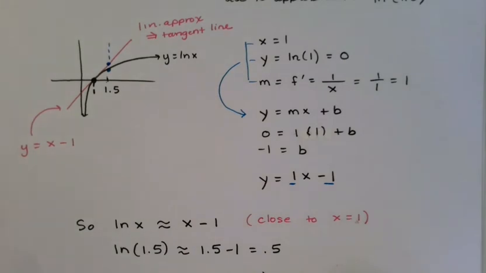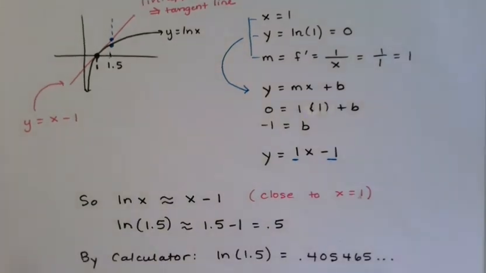Now, if you actually do the natural log of 1.5 on your calculator, you're going to get 0.405465, etc. So, am I close? Kind of, but I'm only within about a tenth. It's not great. Obviously, the calculator must have a better way. It must have a way to get a whole lot closer than I can get by a linear approximation.